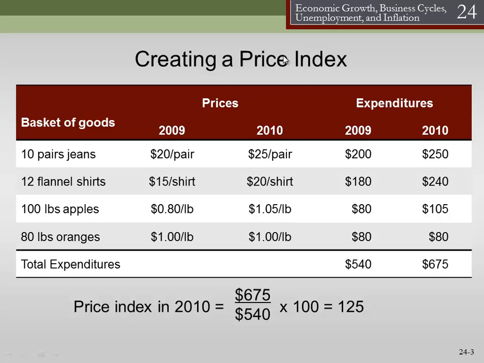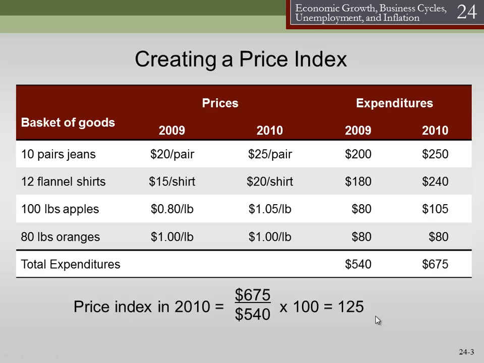So in this case, we look at the prices and we hold quantities constant. We look at prices in 2009. It takes $540 to buy this basket of goods in 2009. It takes $675 to buy the same basket in 2010. So if we take the ratio of those two expenditures, multiply it by 100, we get a price index of 125.